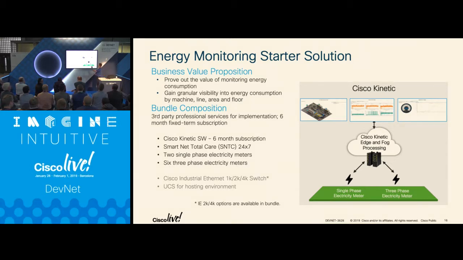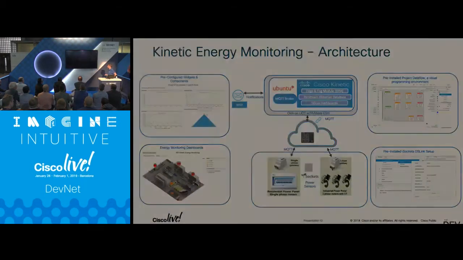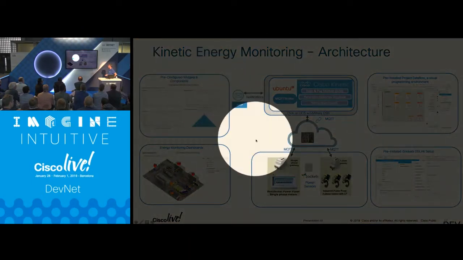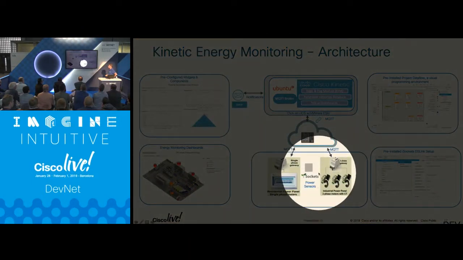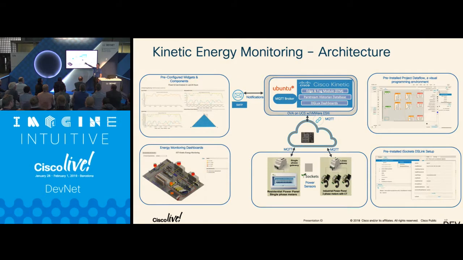So we have single and three-phase meters. So how does that work in practice? We acquire energy usage using, I'm going to talk about how it works, but it's basically an energy measurement system that does not require cutting wires. Those systems are made by a company called iSockets, and the gateways are talking MQTT.